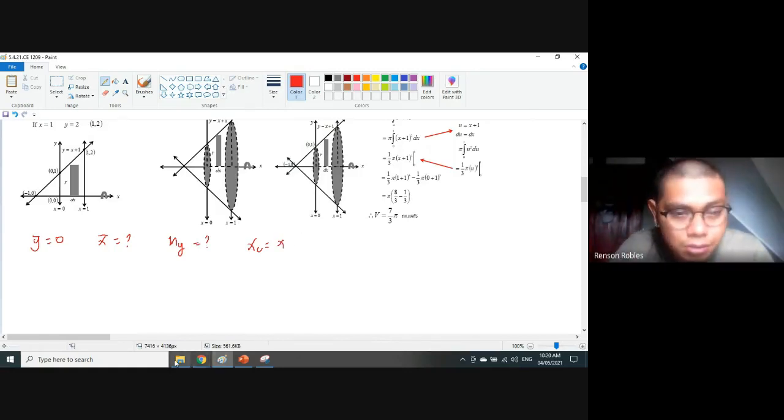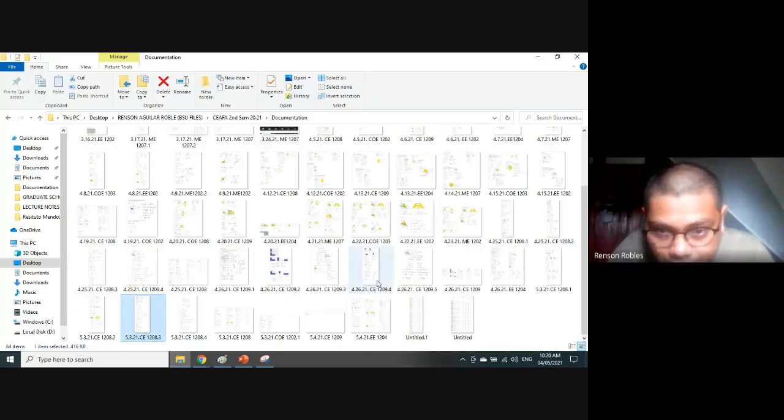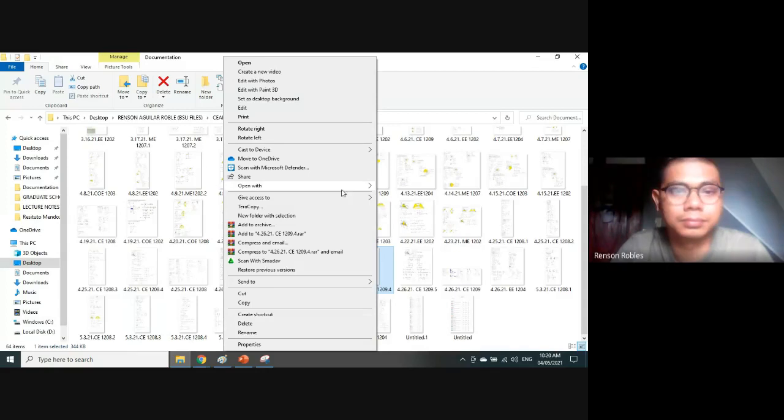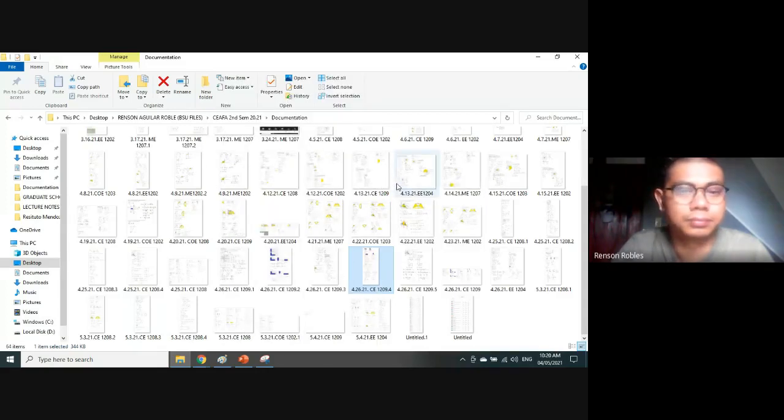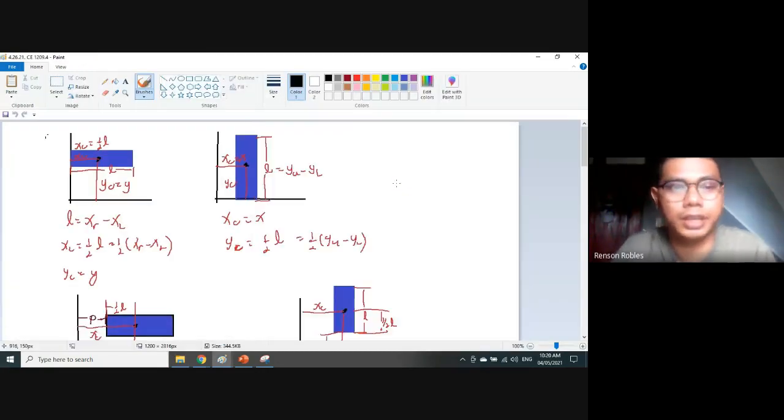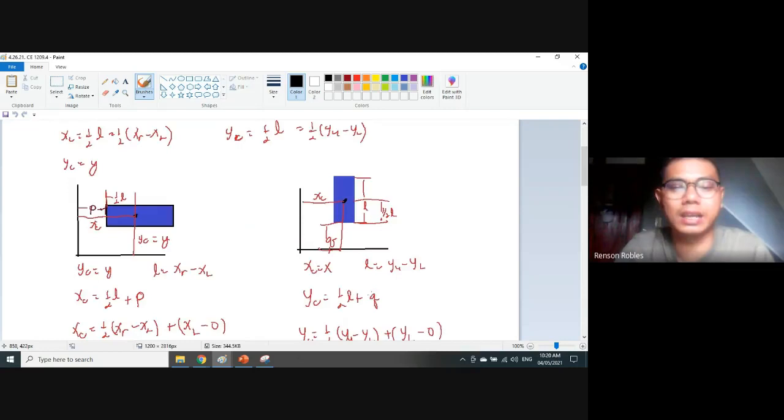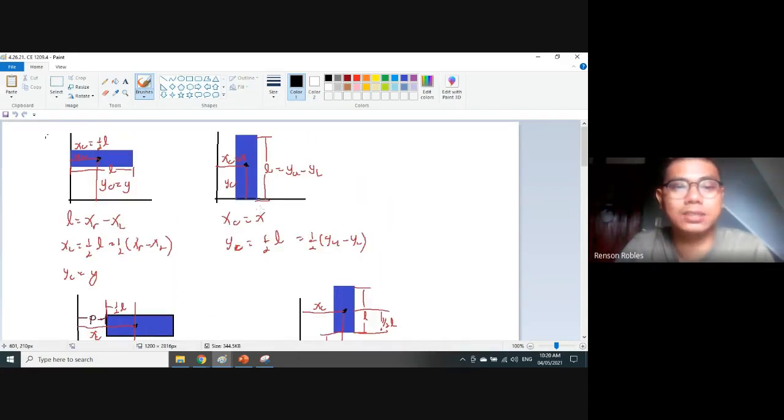Let me just draw you to our, where's it? Here. Okay, this is what you need to remember for xc and yc. When you're taking element vertical, xc is always x. Xc is always x, regardless whether the element is touching or not touching the x-axis.